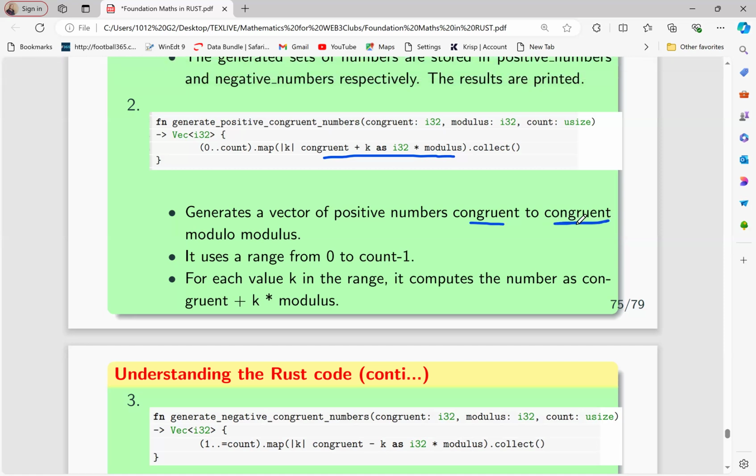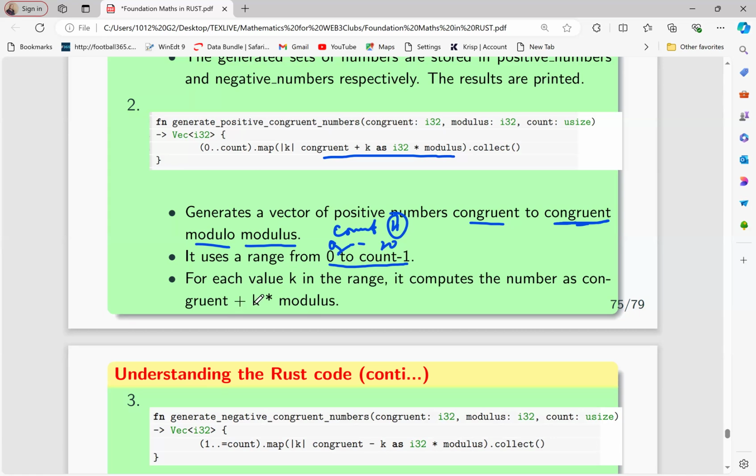Then the range is up to the count, but the count minus 1. So if you want 11 values, count is 11, but it begins from 0 to 10. Counting 0 to 10, those are 11 values. And then the formula is here.